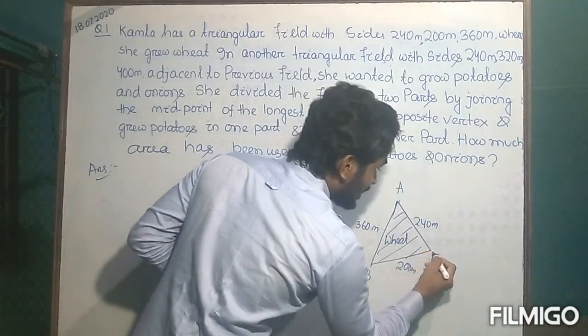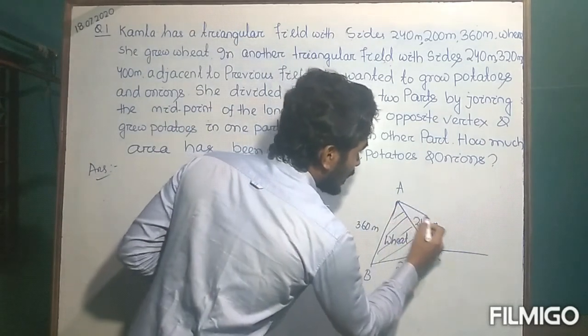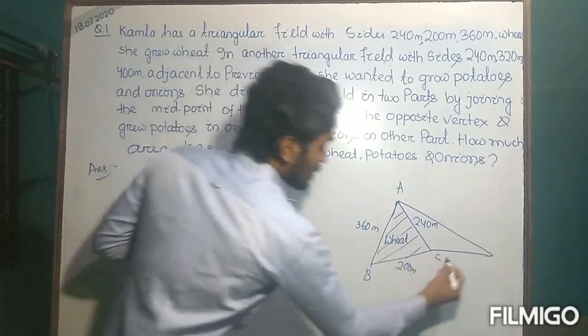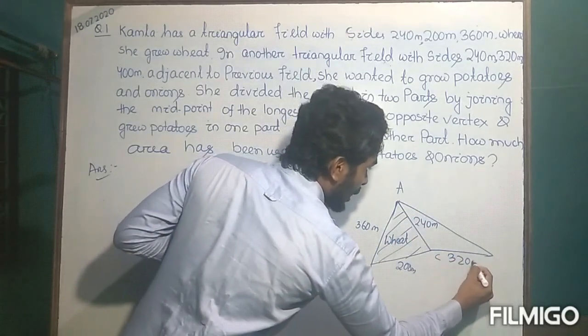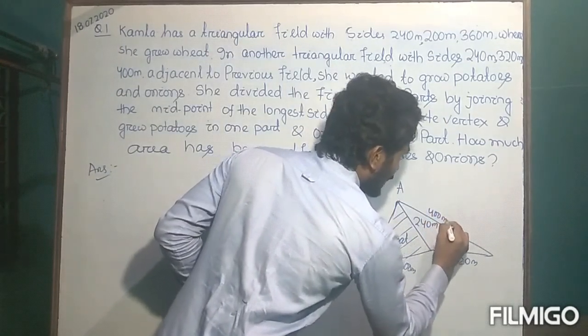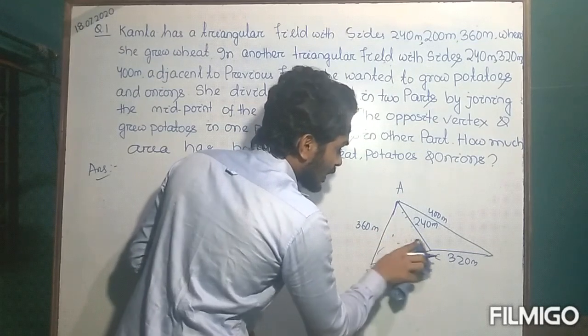So this is another triangular field with side 240, suppose this is 320 meter, and the longest side will be 400 meter. That is clear. She has two triangular fields.